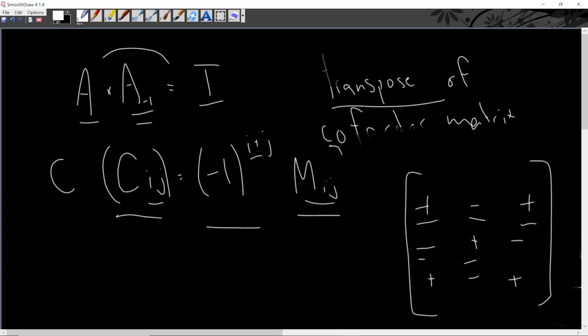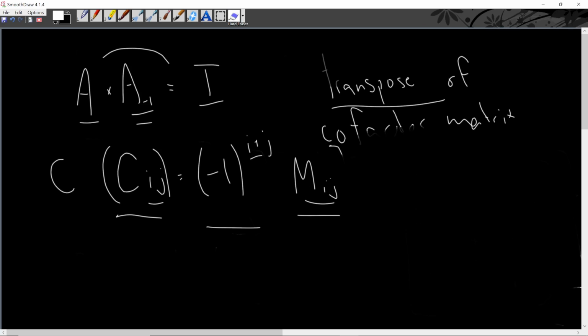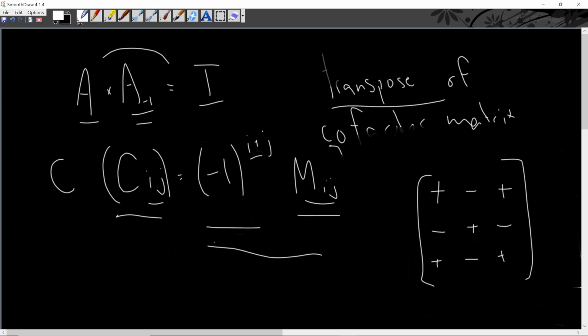You will have this plus-minus oscillating pattern between these two, and you can think of it like that. I think it's probably a little bit more beneficial to remember it like this, because if you forget this pattern, it's definitely helpful to remember what the cofactor is even supposed to be.